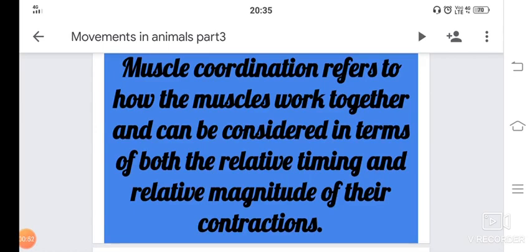Then with the help of our bones and muscles, you decide which side you are going to lift. So the coordination of the muscles is needed there. Then only you can take things and place them in a particular place. So with the help of the coordination of bones and muscles, we are able to do our work properly.